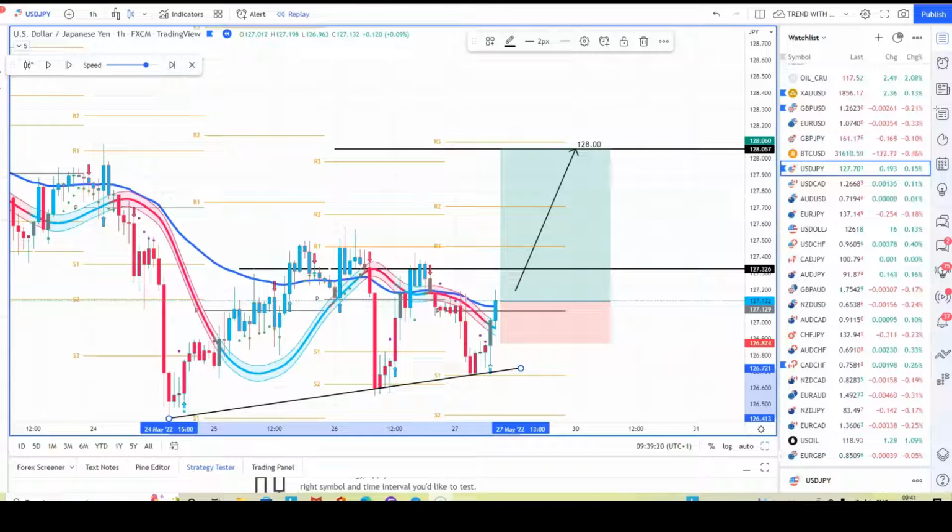These are the settings. Let me point out a couple of really, really important things first. The first thing is here, why would you not buy here? There are several reasons. First of all, at this point the price is below the central pivot.